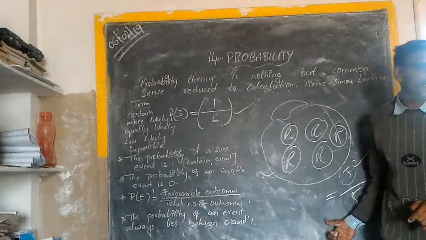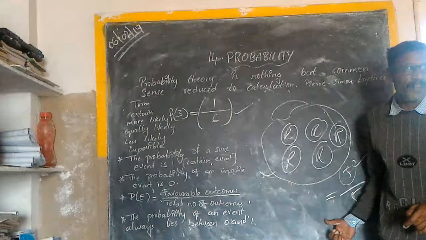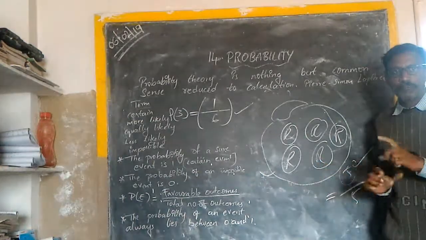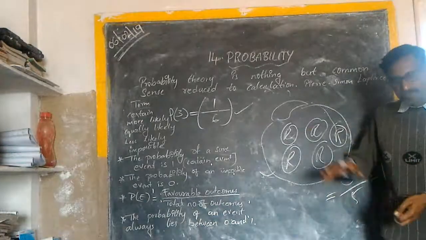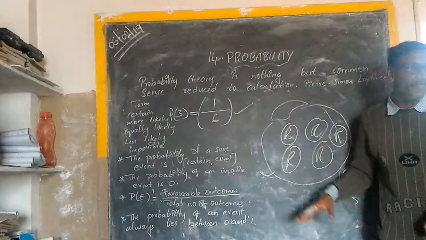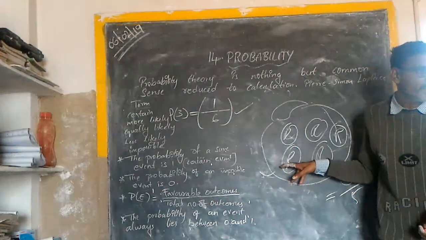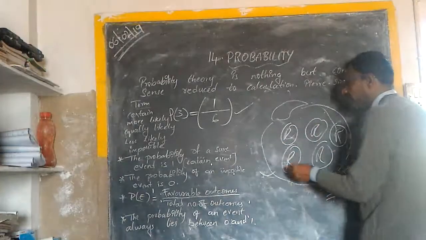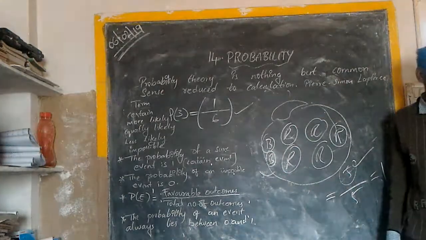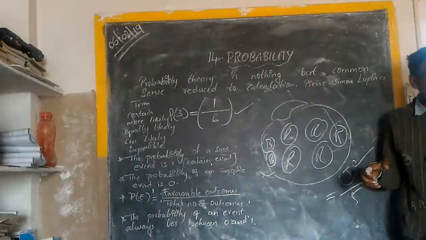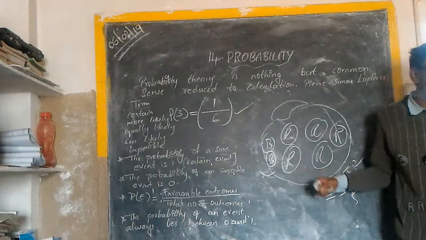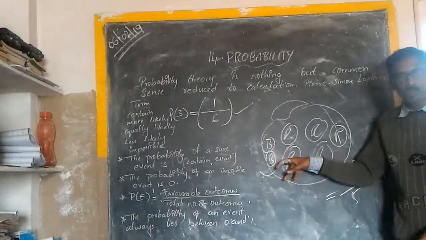This is called certainty. This is also called a sure event. Very simple. When you mix all red balls inside the bag and pick a ball without looking, we get only red in any event. That's the reason this is a sure event. Suppose I gave some blue balls here. I would like to get a ball from this bag that must be black. Is it possible? Here blue balls are there.